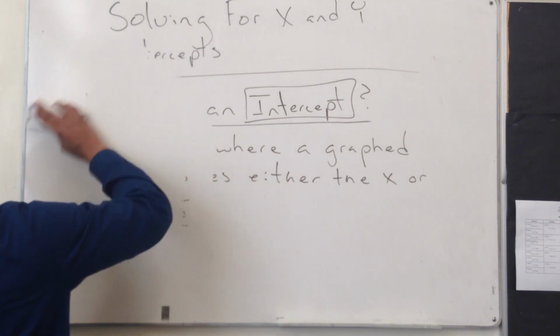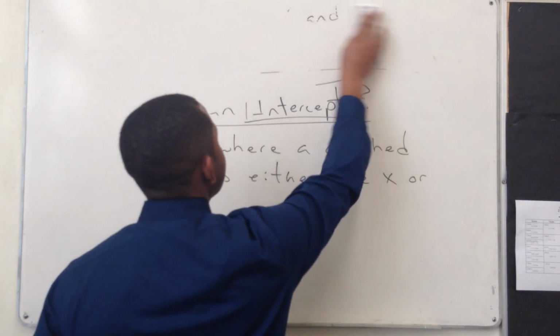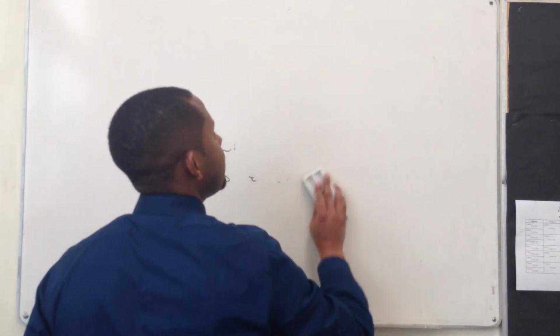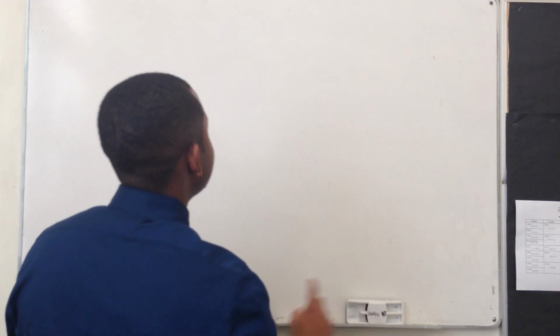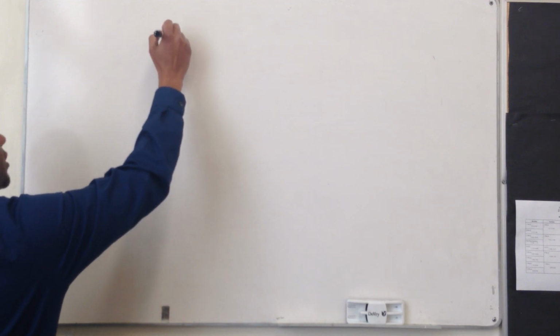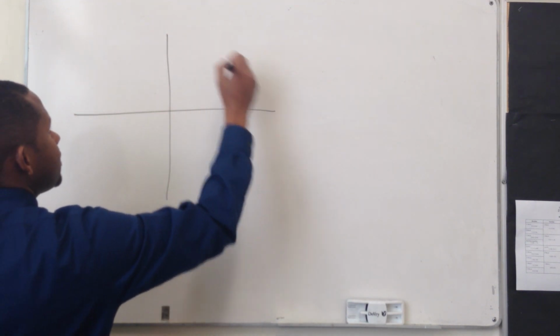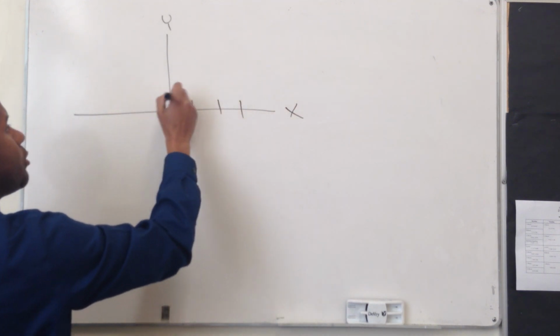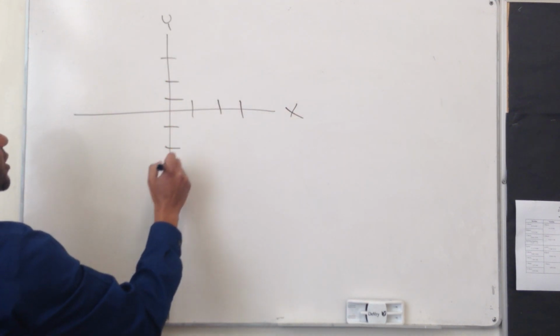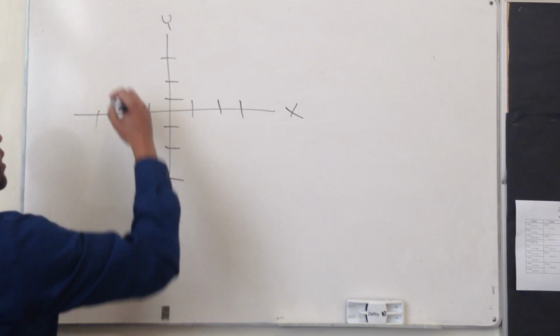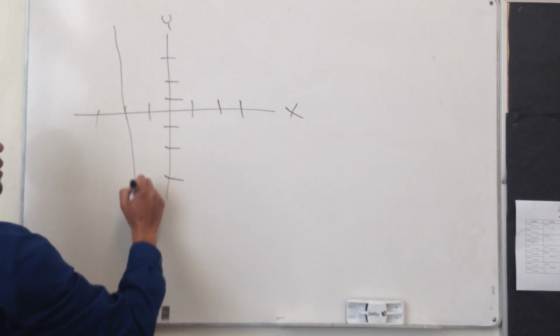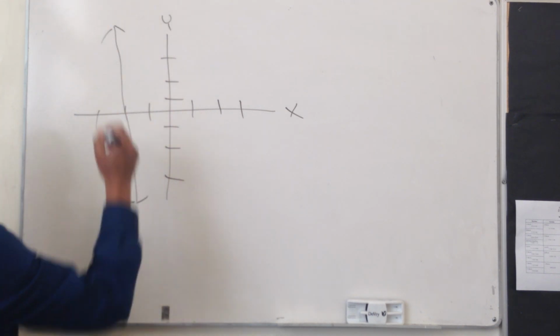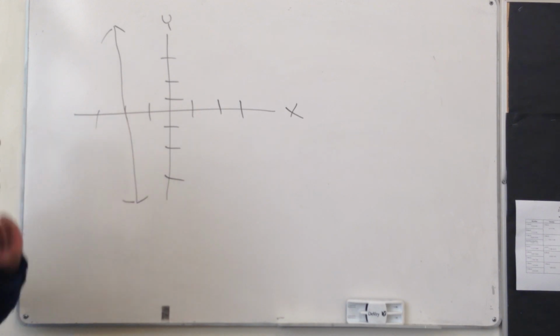So let's just look at the big picture of that and make sure that you understand what an x-intercept is. So go ahead and draw yourself an x and y axis. There's the y-axis, there's the x-axis. You can label the 3 in each direction, right? And then draw a line that goes through right there, that -2, all right?